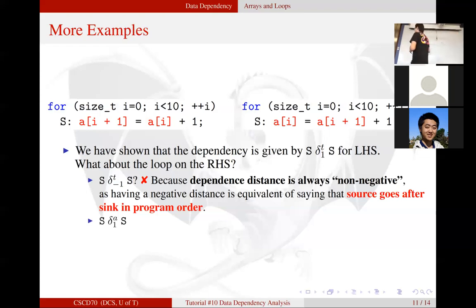So the correct answer is that in this case, instead of stating that we have a true data dependency whose distance is -1, we instead say that on the right-hand side, we have an anti-dependency, which is write after read of distance 1. Right? As you can see, this notation still respects what we discussed previously, which states that the source should always go before the sink in program order.